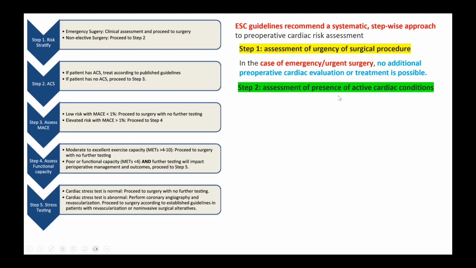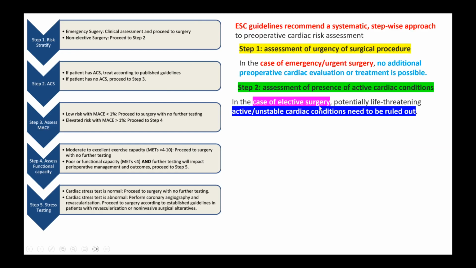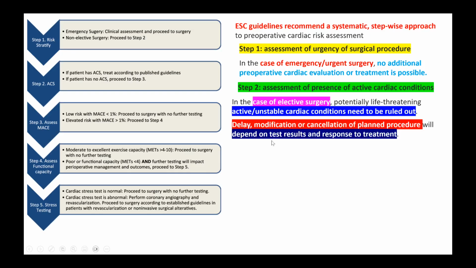The assessment of the presence of any active cardiac conditions. In the case of elective surgery, potentially life-threatening, active or unstable cardiac conditions need to be ruled out. But whether you can delay, modify, or cancel the planned procedure will depend on the test results and response to the treatment.